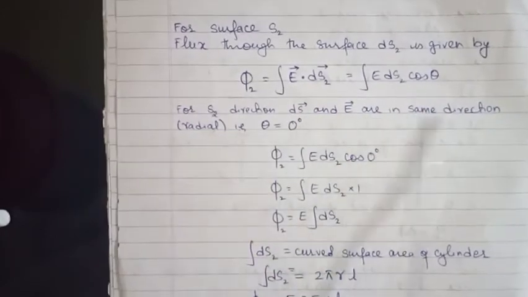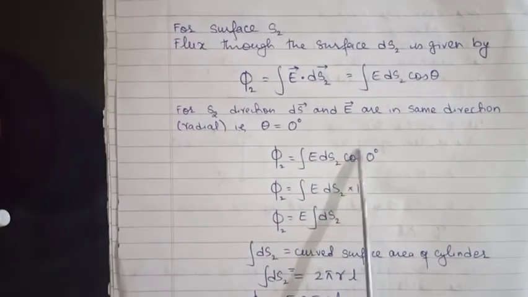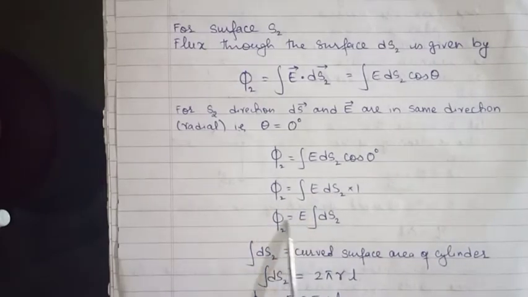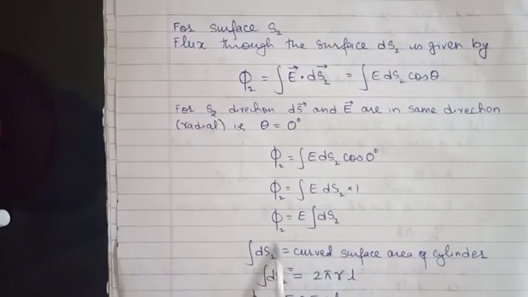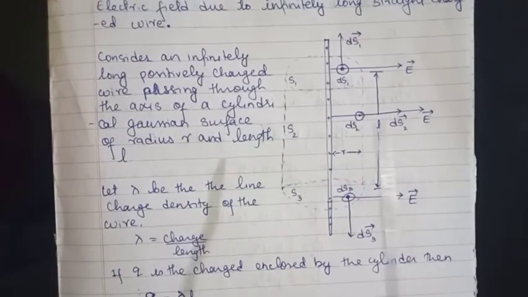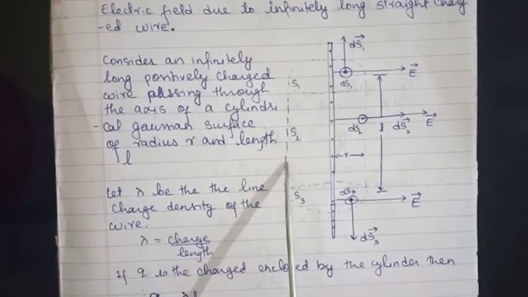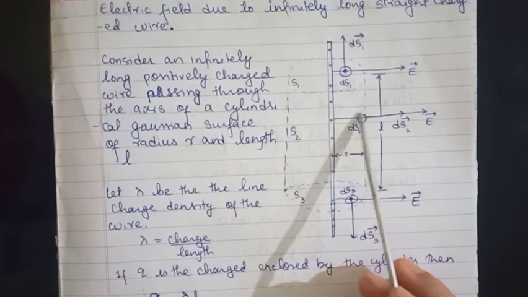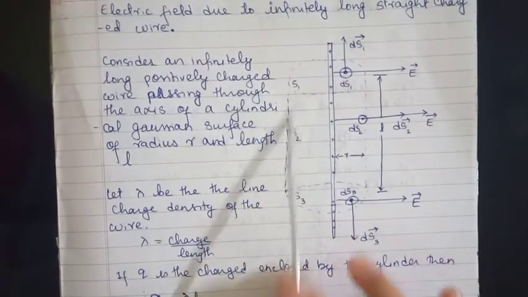So for this surface theta is equal to 0, so when I put theta equal to 0, cos 0 will be 1 and I'll get E ds2, and this will be flux is equal to E times the integration of ds2. We have to find the integration of ds2. Out here this is ds2. If we add all the small areas like ds2 throughout this surface, then we get the curved surface area of the cylinder. So we have to add all the small areas that make the curved surface area of the cylinder.